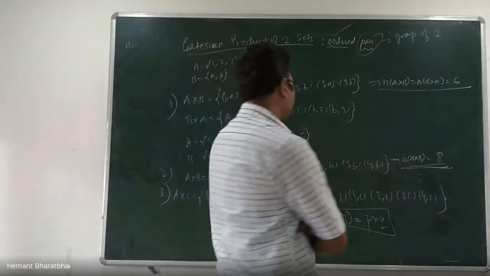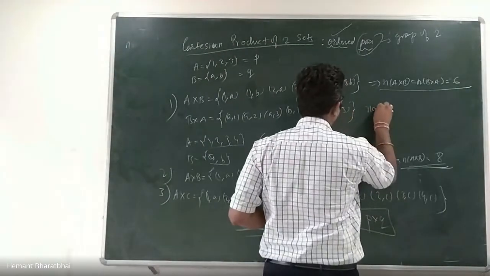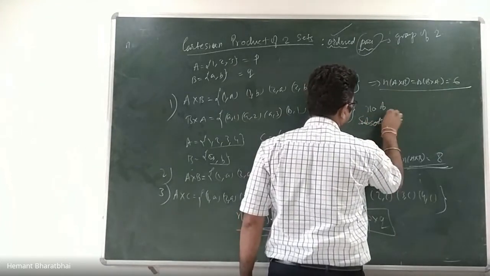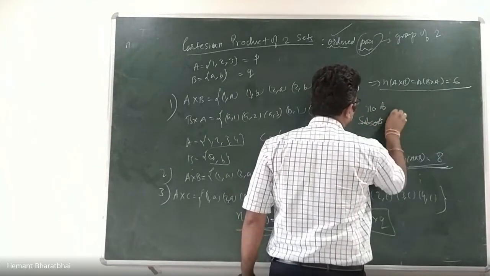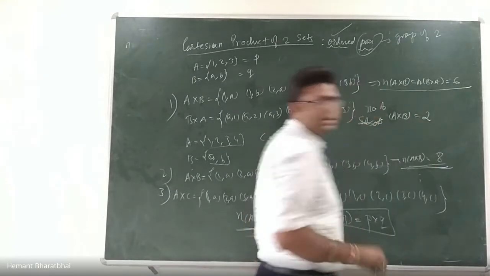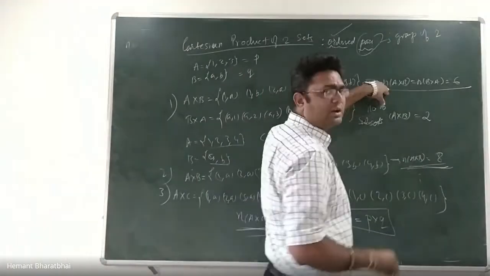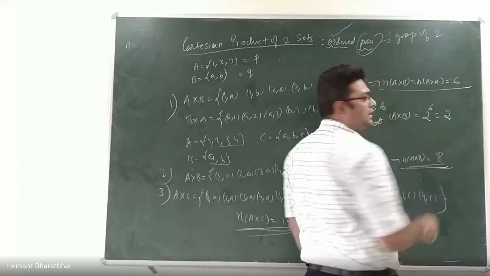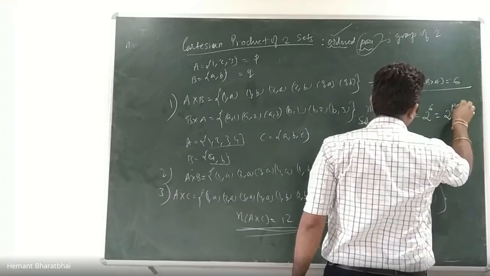So if I say the number of subsets of the Cartesian product of A and B, that will be nothing but 2 raised to, in this case, how many total elements are there? 6, so 2 raised to 6. Which can also be written as 2 raised to P into Q.